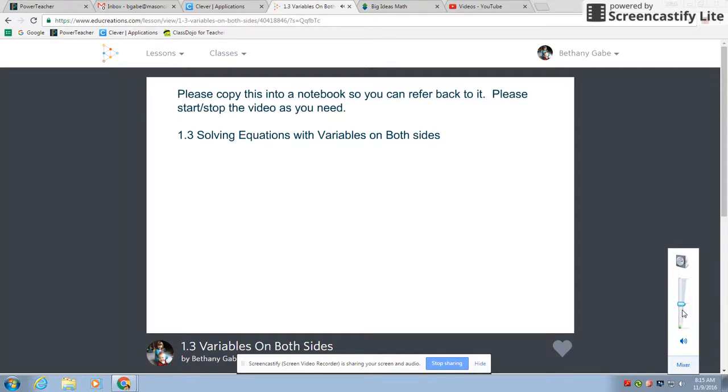So, for example, if you have an equation like 12 minus 4t equals 2t plus 24.